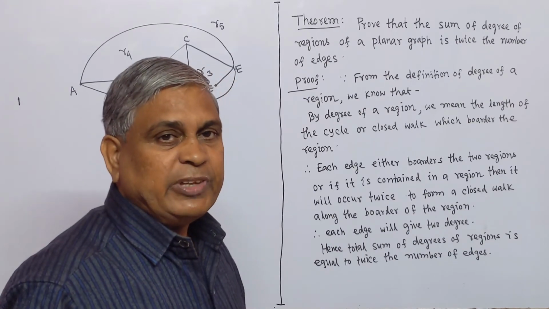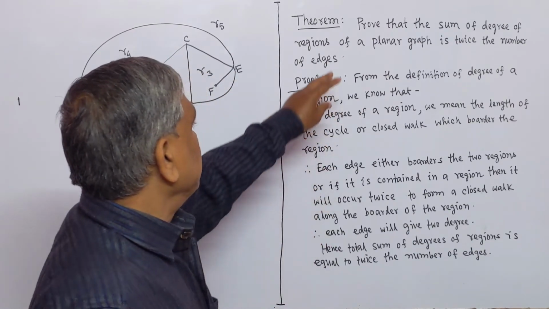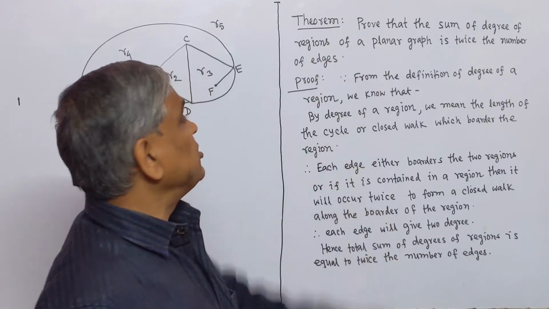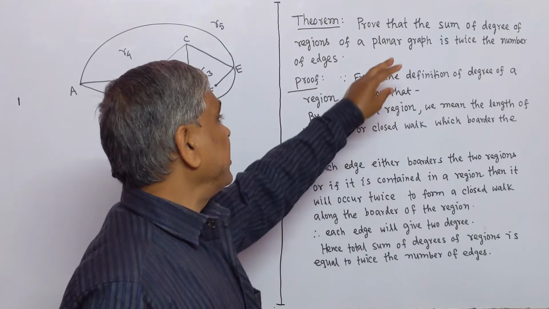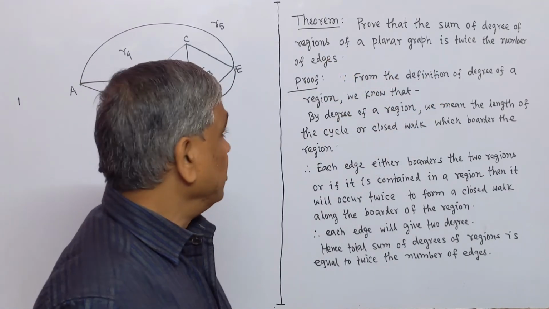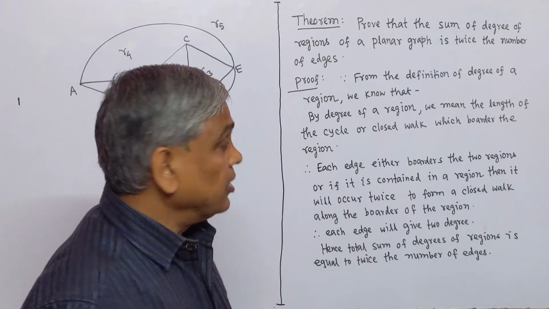Now we prove the next theorem. The theorem is: prove that the sum of degrees of regions of a planar graph is twice the number of edges. Now we prove this.